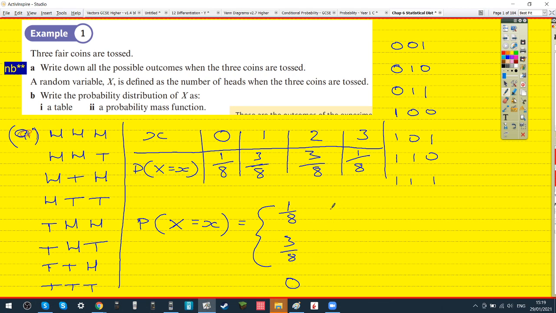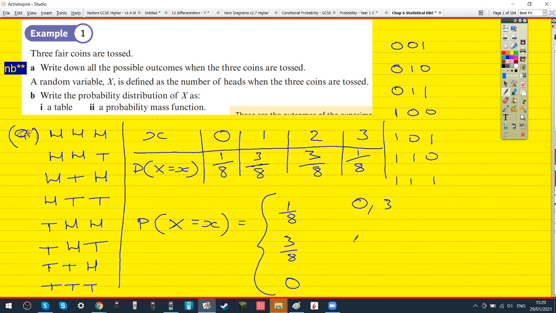What outcomes have a probability of an 8th? 0 and 3.